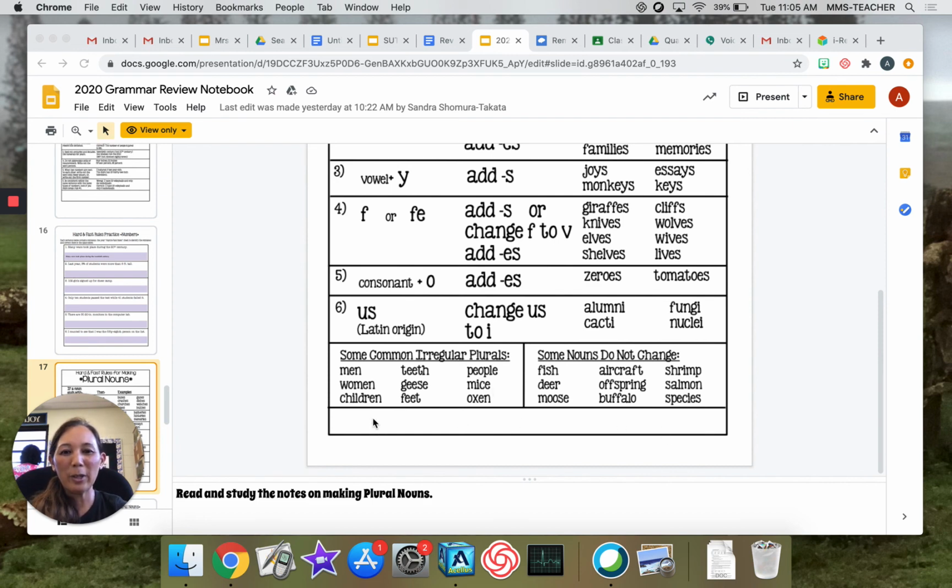So irregular plurals would be men, women, children. They're already plurals, so you can't change them to plurals. And some nouns don't change. Okay, so for example, fish or deer, you don't say deers. Deer is already a plural, and so on.